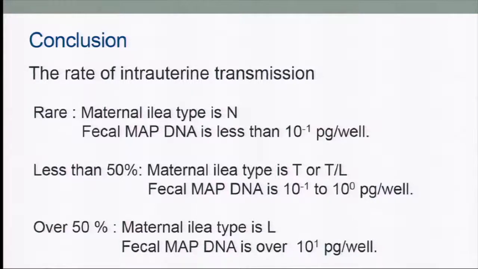However, if maternal ileum was T-type, TL-type, or L-type, MAP was detected in fetal specimens. These results suggest that fetal infection rarely occurs from dams showing N-type. On the other hand, with severe lesions in maternal ileum, there were higher rates of fetal infections. Likewise, there is also a correlation between an increasing amount of MAP DNA in maternal feces and increasing fetal infection rates.